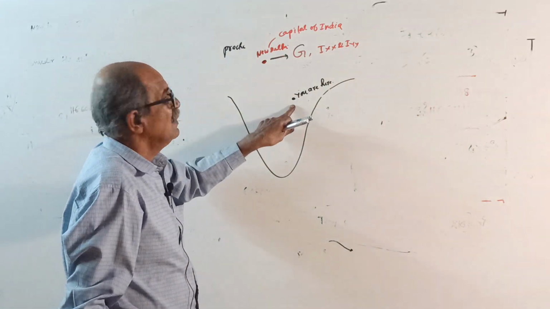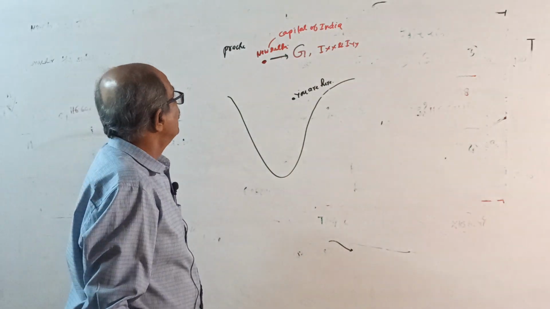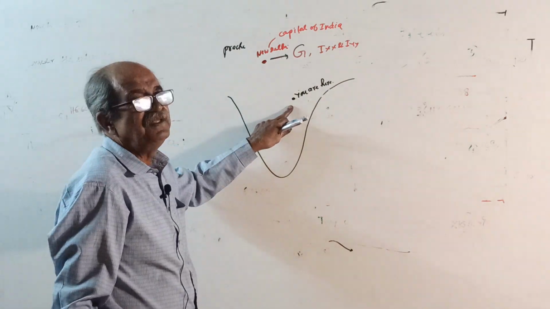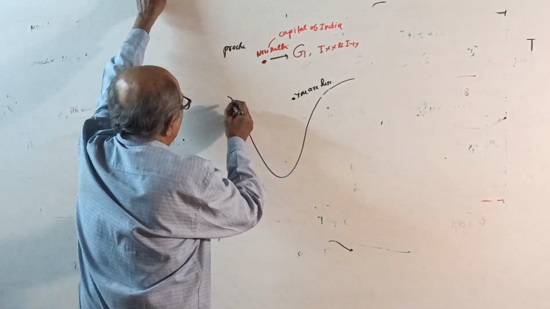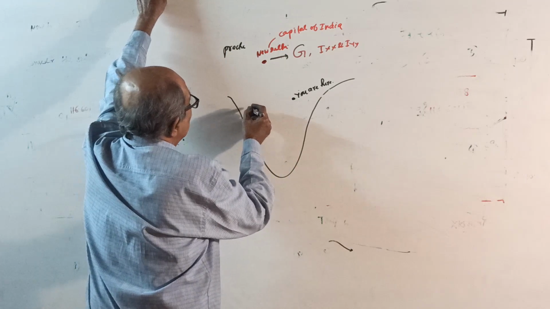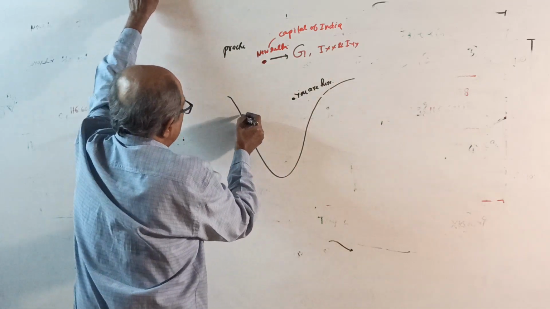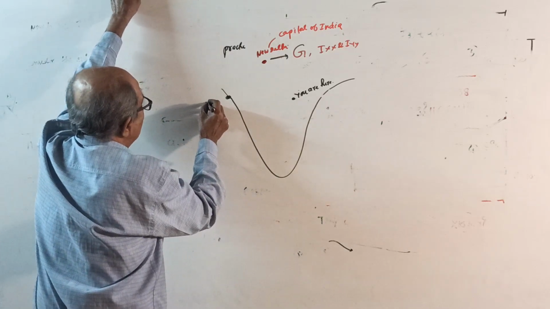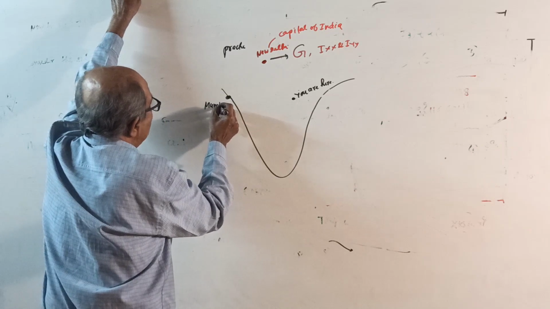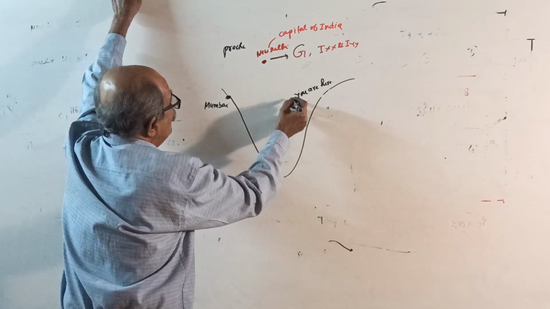You are somewhere here, some place. Bombay is here, and this is New Delhi. Somewhere here is Bombay, somewhere here is Mumbai. You are somewhere here.